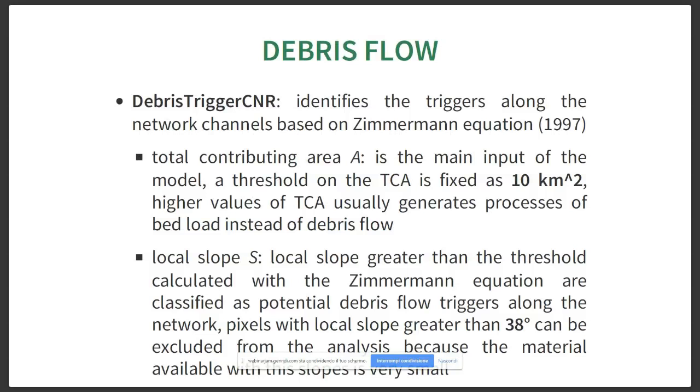If the local slope is greater than the threshold calculated with the Zimmermann equation, the pixels are considered as possible triggers along the network.